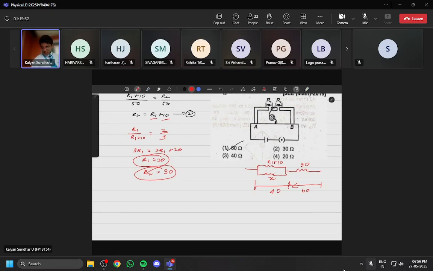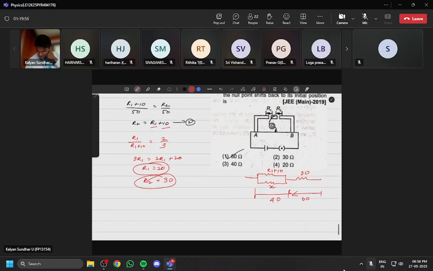So in the R1, R2 is 30, R1 is 30. So here altogether it is going to be 30, correct? So 30 plus 30 into x divided by 30 plus x, they are both in series parallel, divided by 40 will be equal to this, your R2 value.